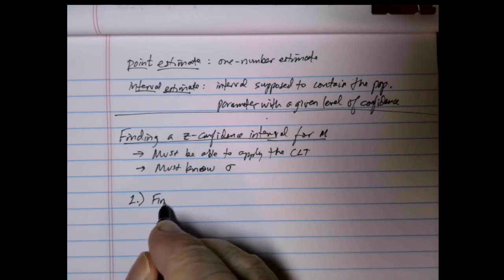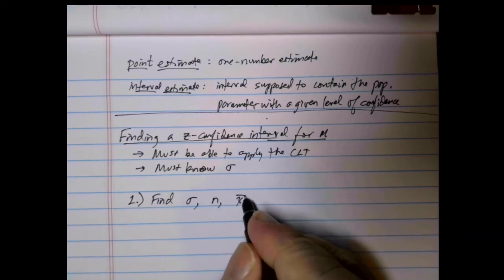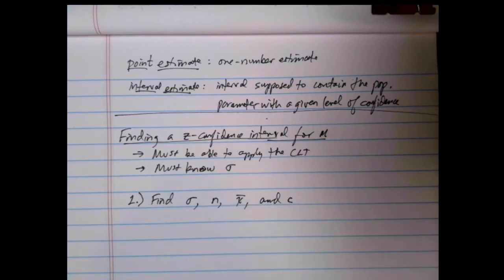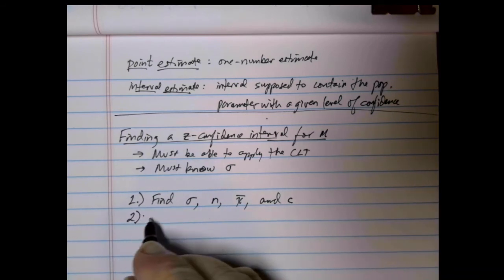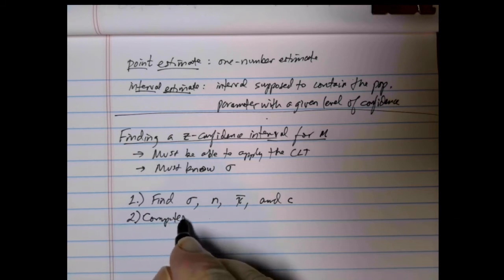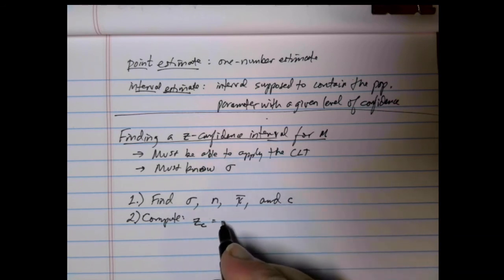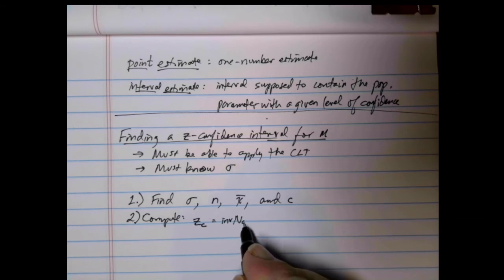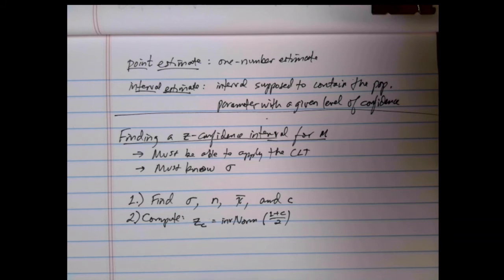All right. Given those things, here are the steps. First, you need to find four quantities. You need to find sigma, n, x bar, and the confidence level C. Second, you want to compute z sub c, the critical value for confidence level C, and that is just invNorm of (1 plus C) over 2. Third step is also a computation.